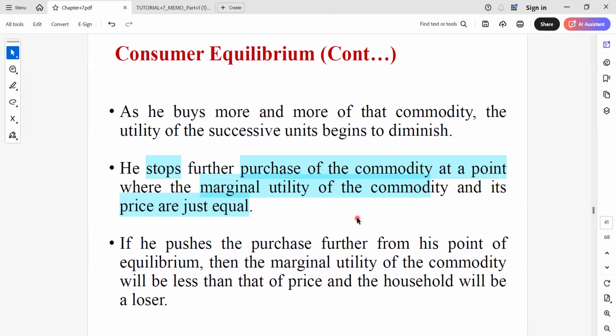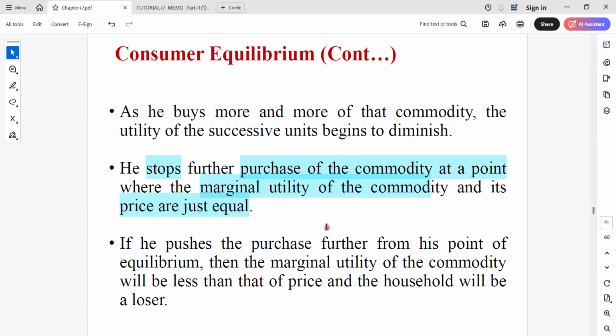So the consumer will now stop purchasing that commodity. If you purchase further from this point of equilibrium, then the marginal utility of the commodity will be less than the price, and the household will lose. So that's what I was saying: if you continue to purchase after reaching your maximum or your equilibrium as a consumer, if you continue to purchase more of that particular commodity, now your price will be greater than the satisfaction that you're actually getting from that product.